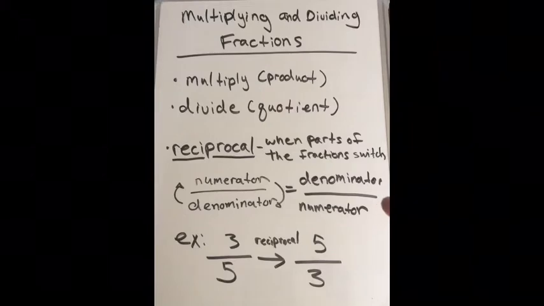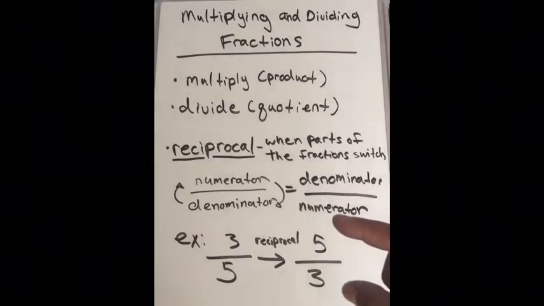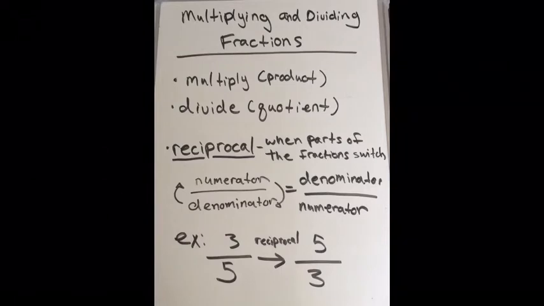For example, if we had the fraction 3/5, to find the reciprocal we put the 3 in the denominator and the 5 in the numerator. We just flip them around. This is going to be very important in order to multiply and divide, or find the product or quotient of fractions.